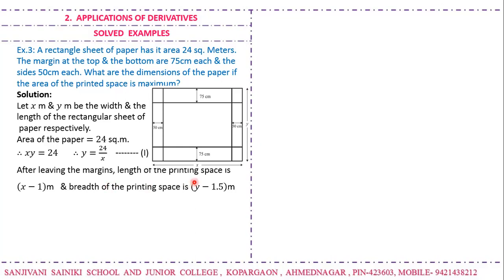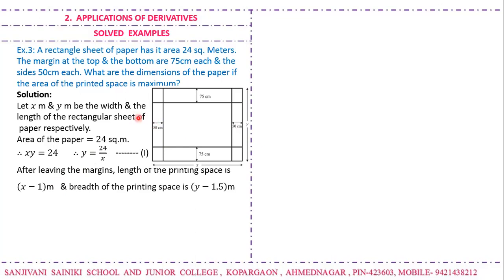After leaving the margins, the length of the printing space is x minus 1 meter and the breadth of the printing space is y minus 1.5 meters. Now how did they get x minus 1 and y minus 1.5? We left 50 centimeters on this side and 50 centimeters on that side, so actually we have left 50 plus 50, 100 centimeters, which is 1 meter.